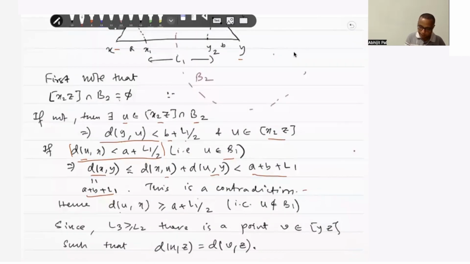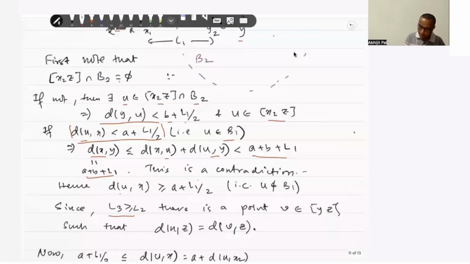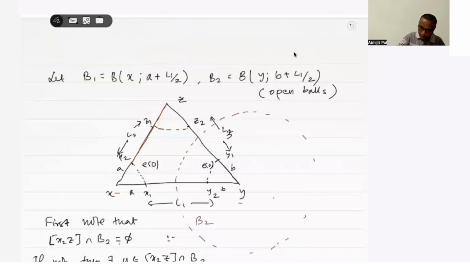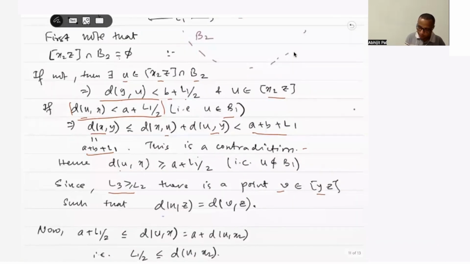Now we have assumed that L3 is greater than or equal to L2. From this, it will follow that there exists a point V in YZ, the geodesic joining Y and Z, such that the distance between UZ and the distance between VZ are the same.